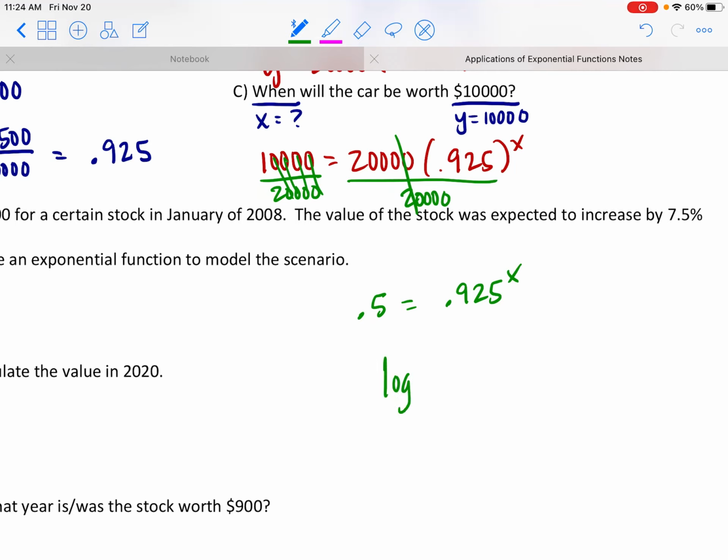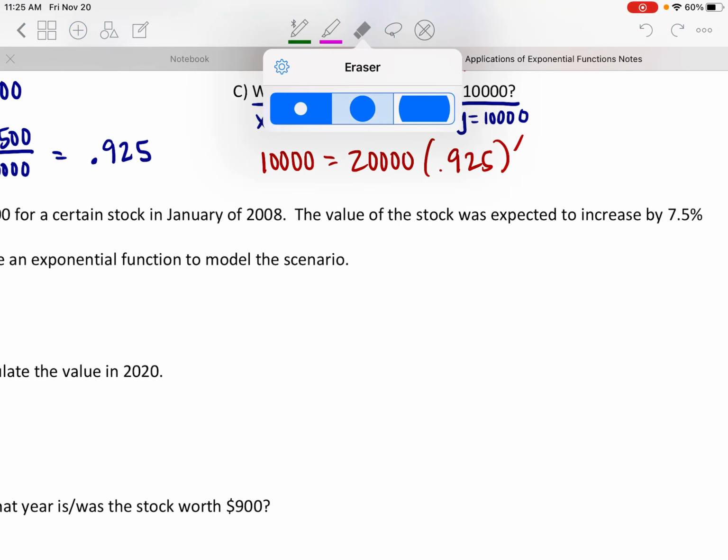This would be the log base 0.925 of 0.5 equal to x. That actually wasn't too hard to solve, right? We're going to just put this into the calculator and get the decimal approximation. But since we're going to have to get a decimal approximation anyway, I probably would just use the function that's already in Desmos. So, let me go back here.